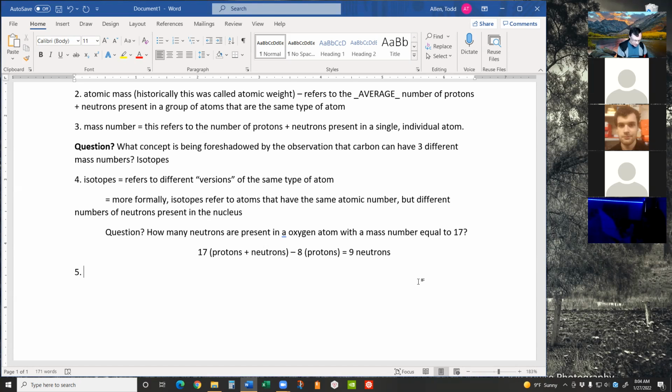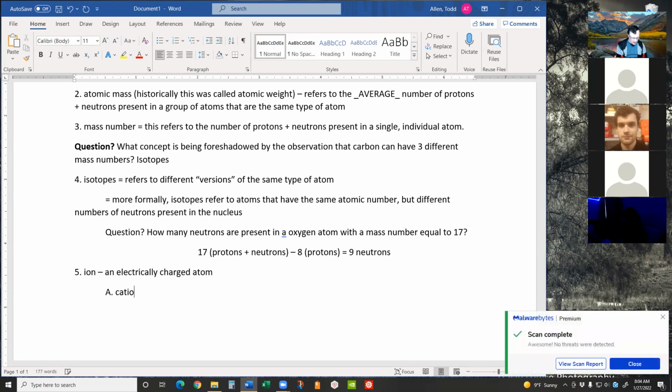So the next thing is the term ion. If you've had any science background, you know that an ion is an atom, but it's an atom that has taken on an electrical charge, presumably because it has an abundance or deficiency in the number of electrons that are circling around the nucleus, okay? So an ion is an electrically charged atom. Okay, if you have a positively charged atom, such as sodium, that would be a cation.